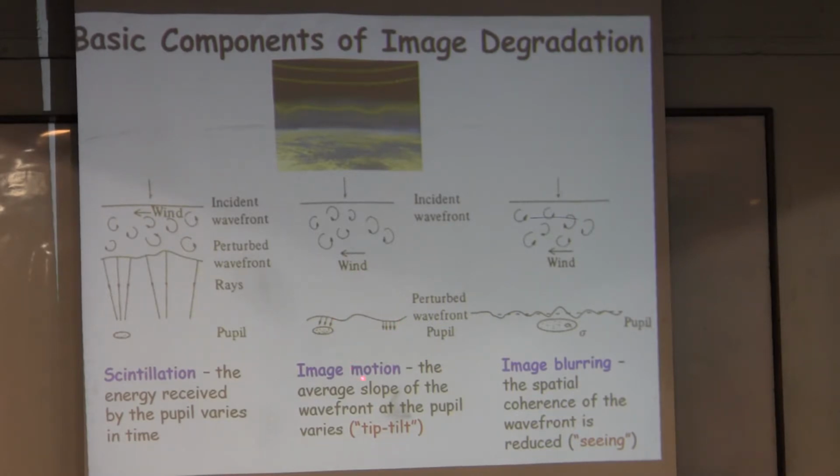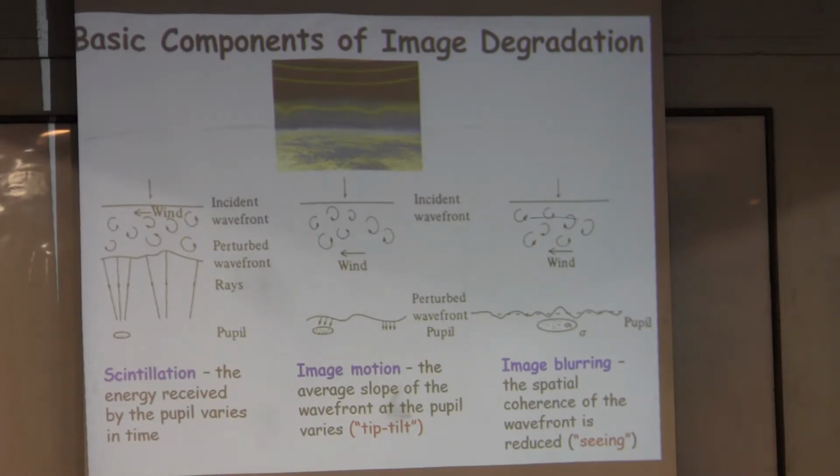Now, that image motion is essentially due to flat parts of this distorted wavefront. If we would look through that part of the wavefront, then we would see the speck, the cloud here. If the wavefront moves by, and the angle or the inclination is a little different, it would move everything just by a small angle, and that means it moves the source around. That's what's called the tip-tilt motion. This is also important because many telescopes, especially smaller ones, are equipped with a tip-tilt system.